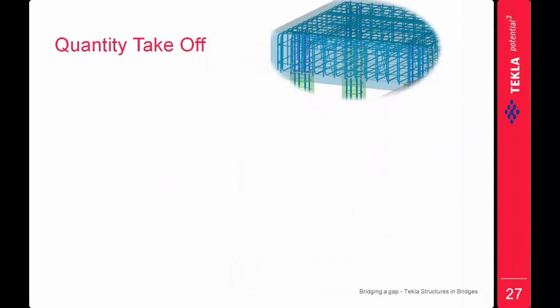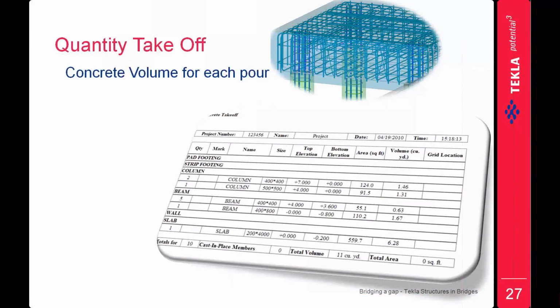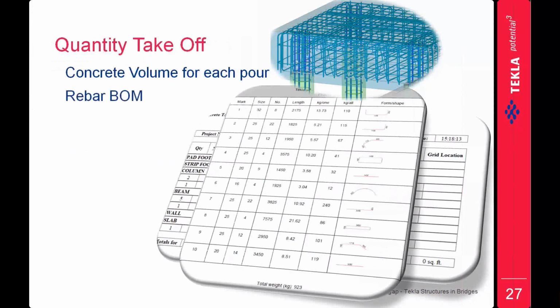And then on the deliverable side, the quantity takeoff. We have different types of reports, like HTML format and ASCII format, which we can generate. We can get the volume of each concrete pour, so that we can plan our pour sequence, and the rebar bill of materials with all the bar mark numbers labeled, the size of the rebar, the length of the rebar, and even the shape of the rebar, so that we can identify the rebar with the bar mark number, or with the shape code, or with the type of the rebar that is there already.